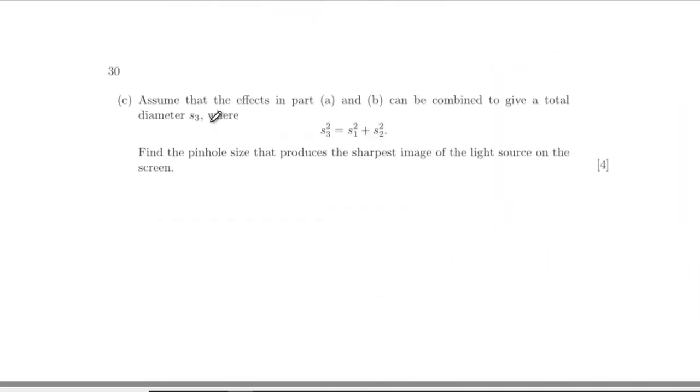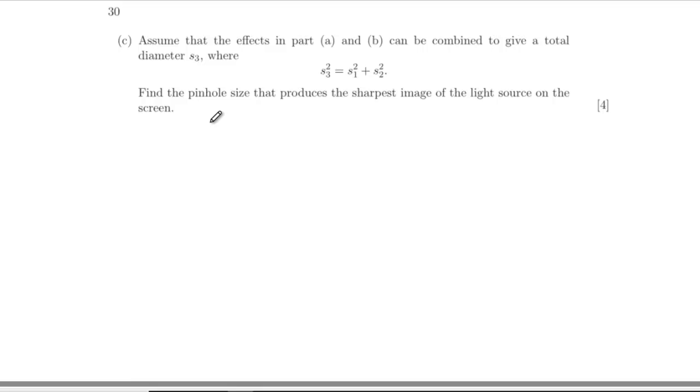Now we've got: assume that the effects of A and B can be combined to give S3. Find the pinhole size that produces the sharpest image. Okie dokie. Right, so sharpest image means smallest, so we need smallest S3. And we've got S3 squared is equal to S1 squared.